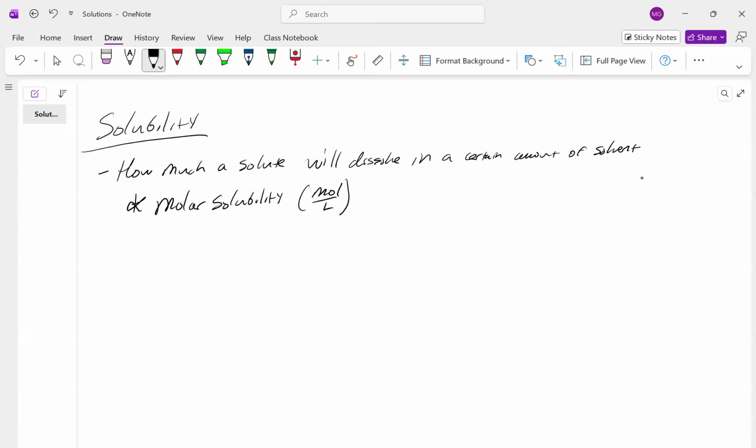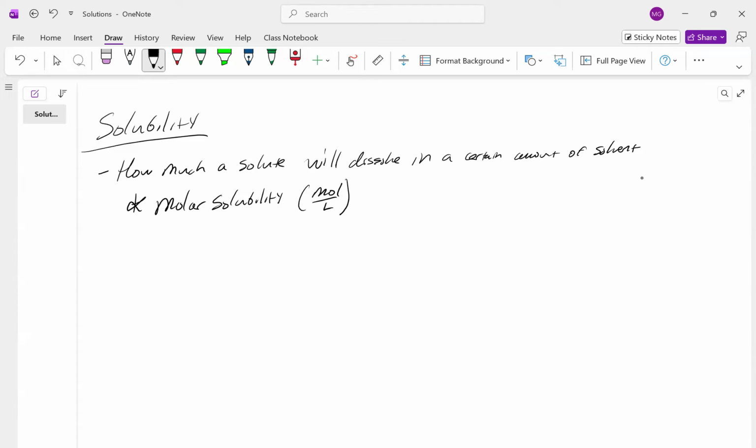And you look at that and say, wait a second, that's molarity. It's the same units, but it's basically saying I can dissolve X amount of solute in Y amount of solvent.